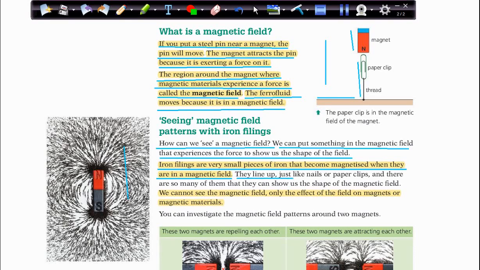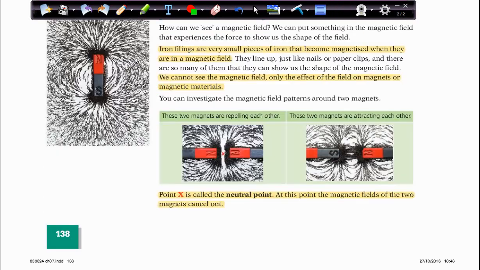They line up just like nails or paper clips, and there are so many of them that they can show us the shape of the magnetic field. We cannot see the magnetic field, only the effect of the magnetic field on magnets or magnetic materials. So we can only see a pattern here, but we cannot see the force itself. We can see the effect of this force on any magnetic material.